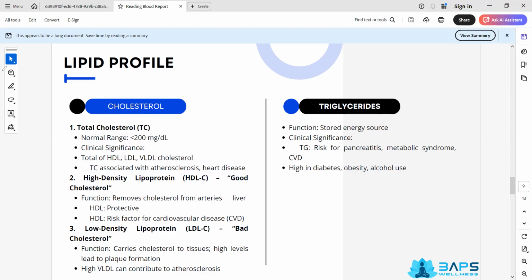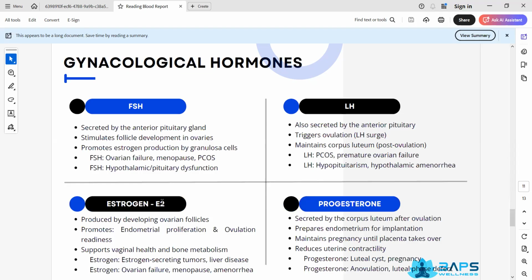Okay, any other doubt? Sir, one more doubt with regard to gynecological things. Normally, if the estrogen level is less, the progesterone will be more. When the progesterone is more, the male attributes will increase in ladies.